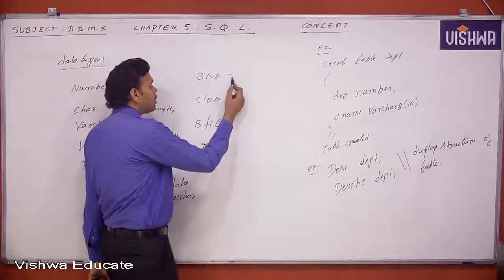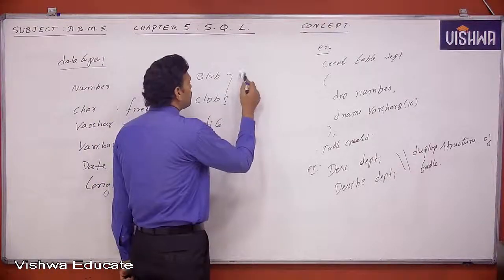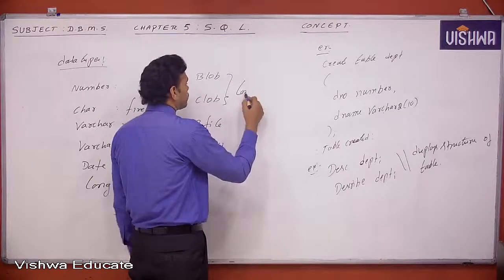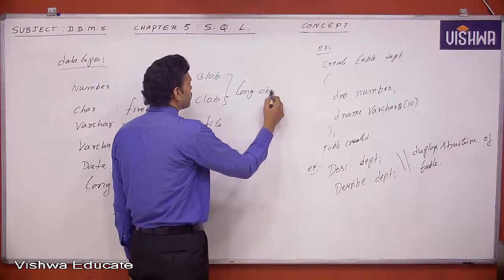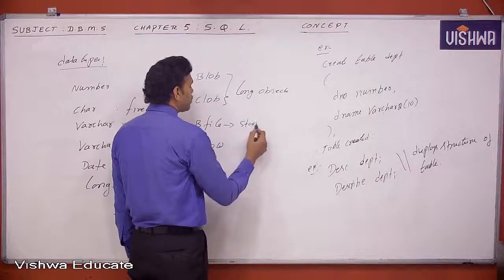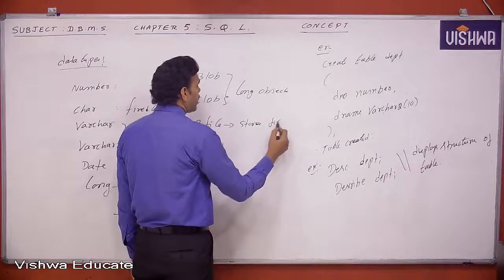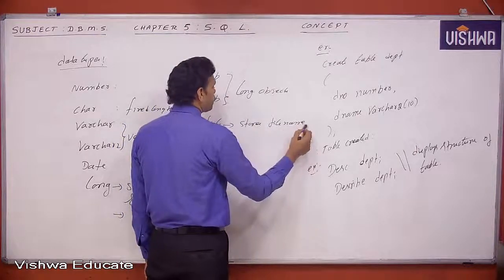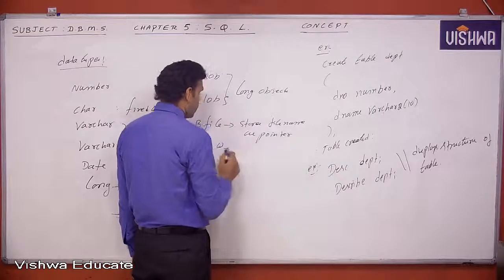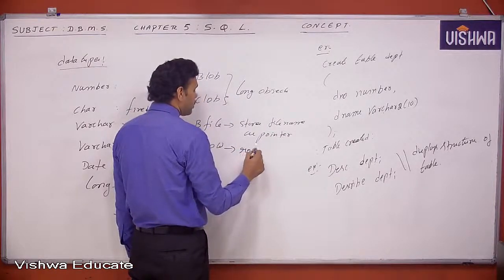And the blob and clob are for large objects. So bfile stores a file name pointer. Row stores the row number.